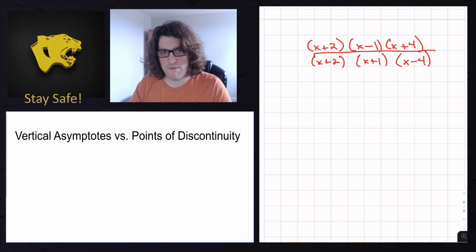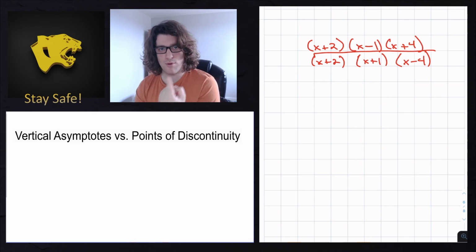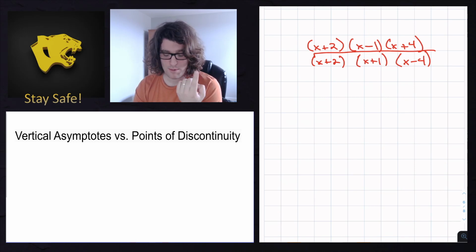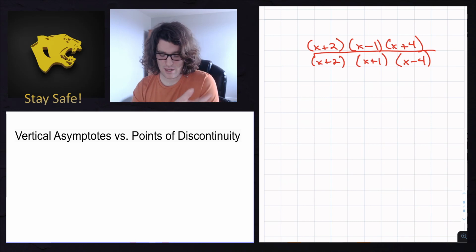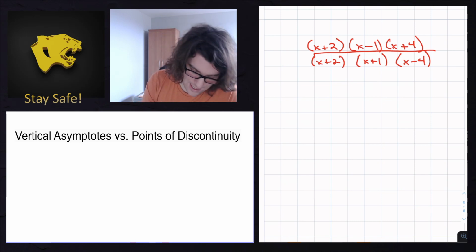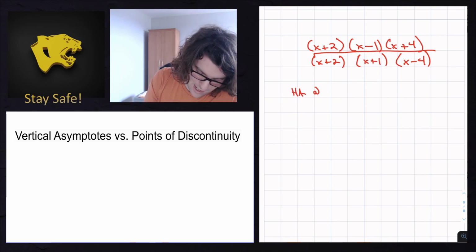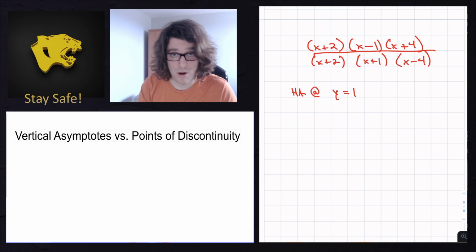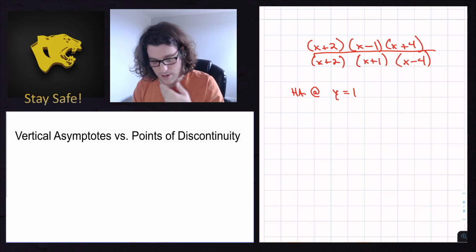We can tell a lot of information really quickly about this one. So thing number 1, highest order is 3 in the numerator, highest order is 3 in the denominator. The ratio is going to be 1 over 1 because it's just x times x times x over x times x times x. So this has a horizontal asymptote at y is equal to 1. We can get that out of the way right away.